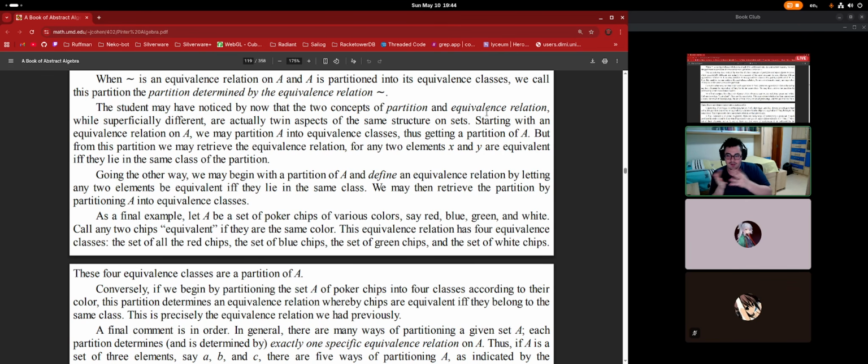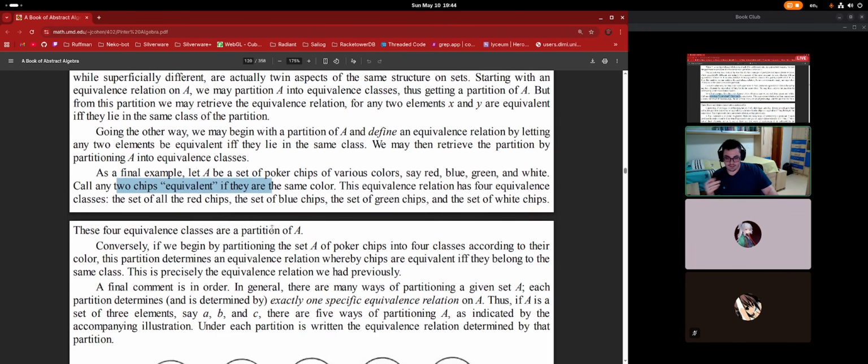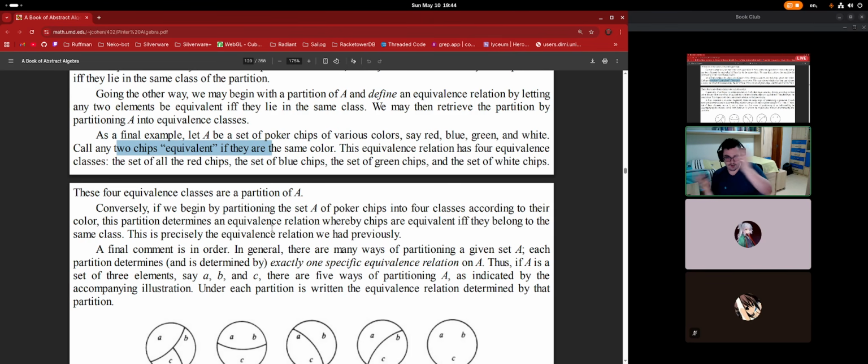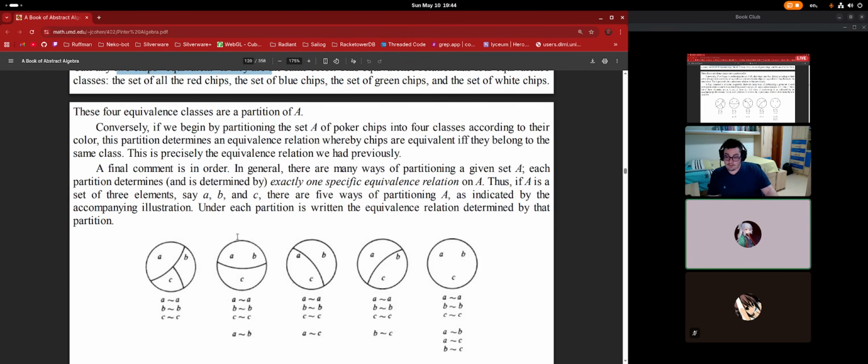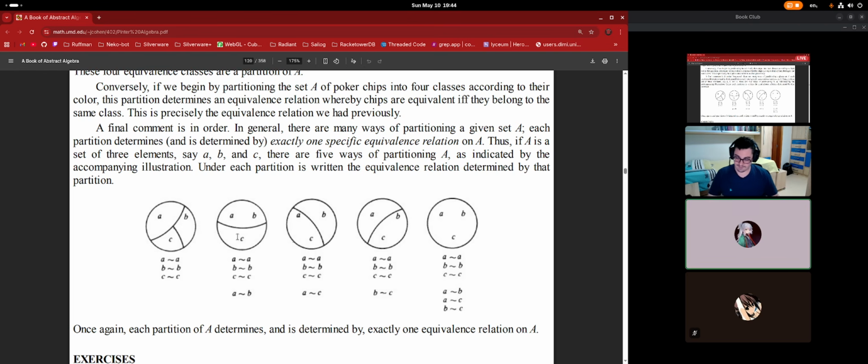Because if you're trying to make a partition, and it just so happens that your criteria to say if they should be in the same pile has any notion of equivalence using reflexivity, transitivity, and symmetry, then you're going to end up with an equivalence relation and equivalence classes. And the other way also works. If you start with the equivalence relation, you end up with partitions. You could say that there's an equivalence relation between equivalence relations and partitions. Sure.